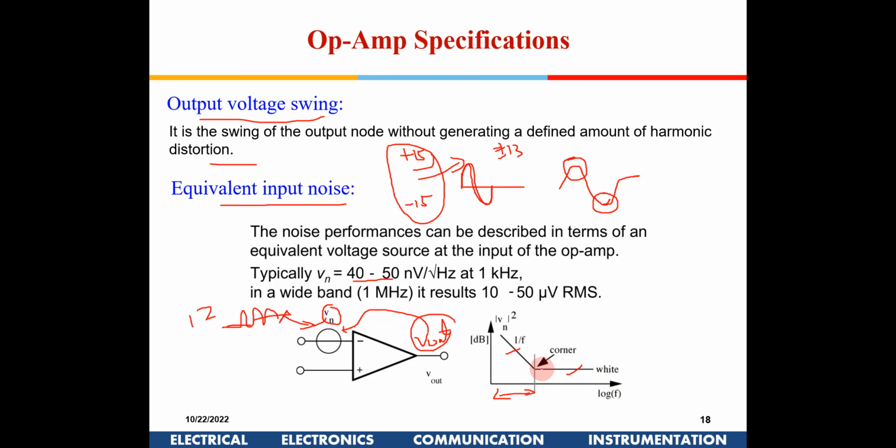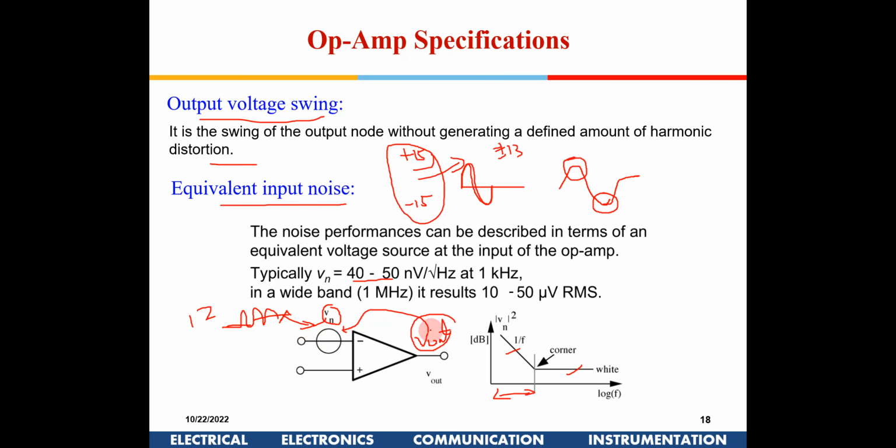This is the kind of graph for noise. So let's say this equivalent input noise is one of the specifications of the op-amp. Its importance is that you have to ensure that your signal is much higher than the input noise.